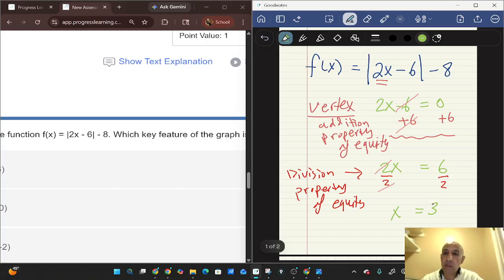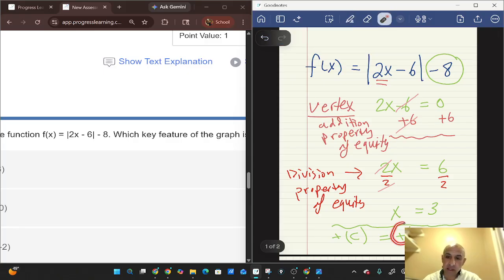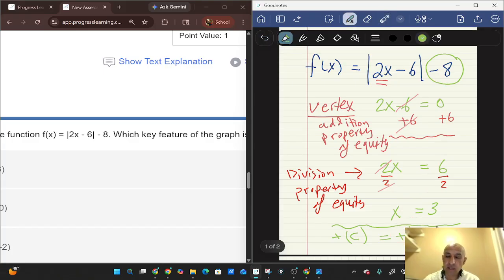Next step, we can use now what we learned before. We can see that we have plus c equal to plus, but we have it here as negative. So to make it negative, positive times negative will equal to negative. When we multiply it, we end up with a negative. So we are on the right track. So we have here negative 8.